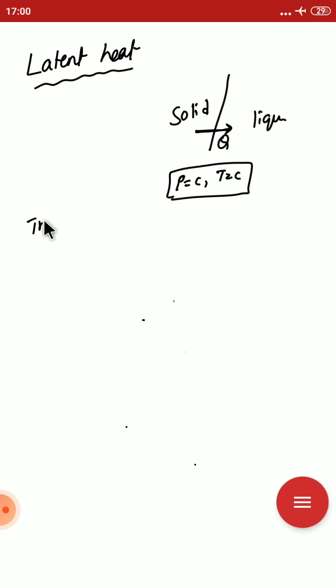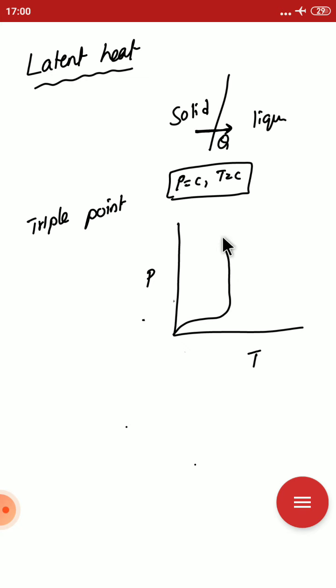The triple point. In thermodynamics, the triple point of a substance depends on temperature and pressure. If you draw this diagram, this is the triple point. This is the solid region, this is the liquid region, this is the gaseous region.